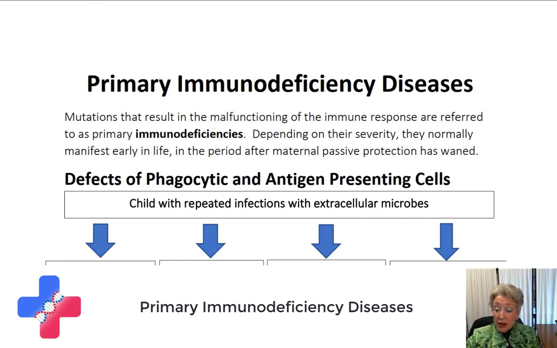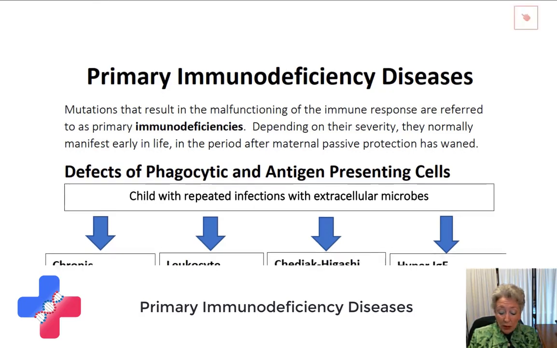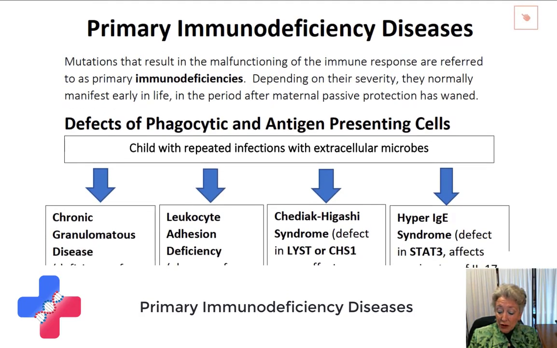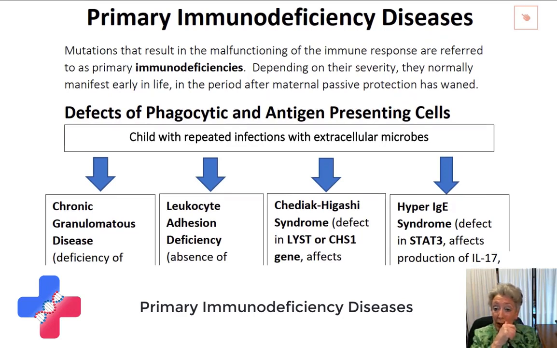So as you notice here, in the primary immunodeficiencies, what we're talking about is mutations that affect the development and functioning of the immune response. And they normally present quite early in life. So remember, as you ask yourself the question, is this of a particular age, of a particular gender, of a particular time frame?